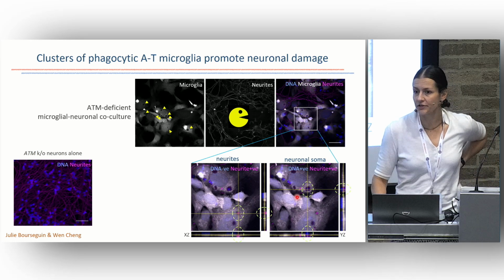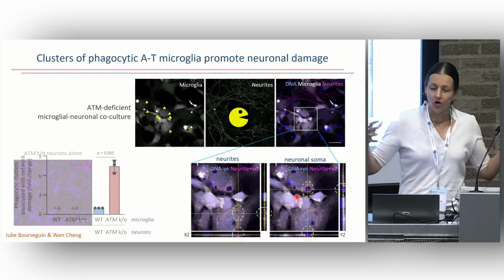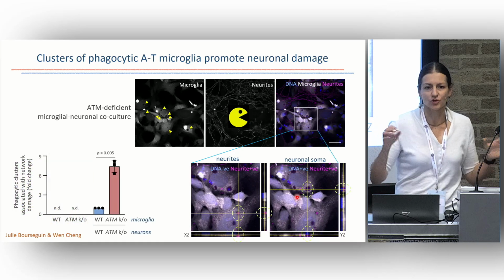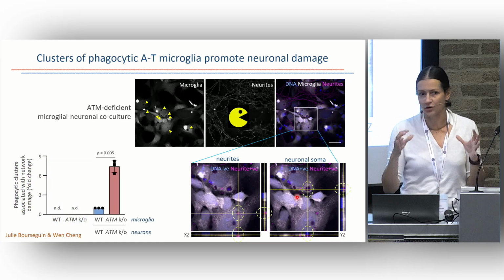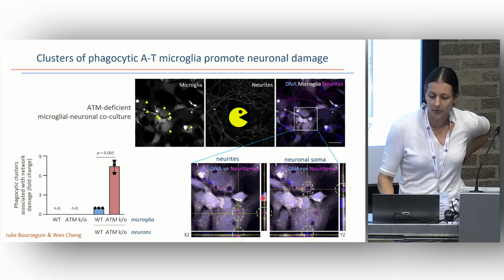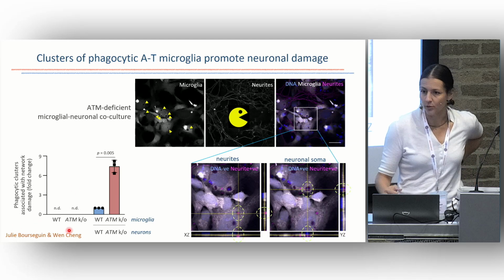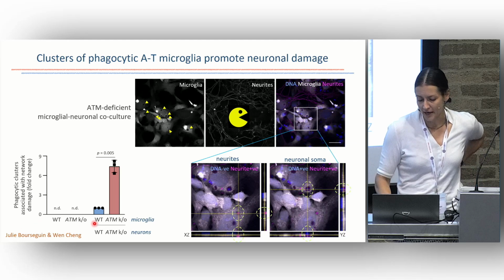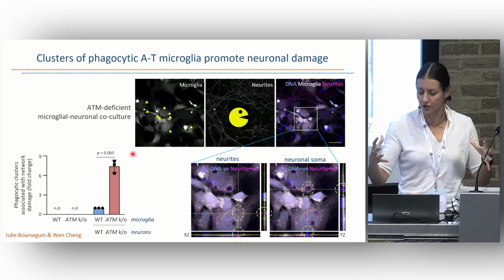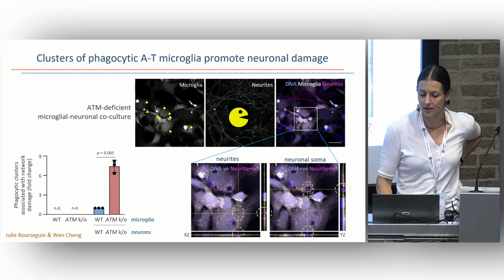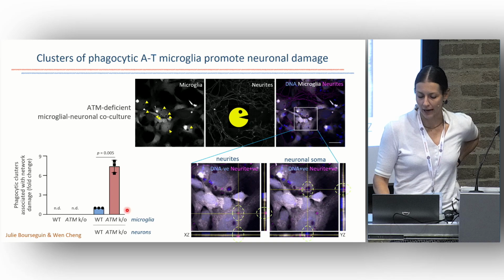We can also quantify what we call phagocytic clusters that are associated with great damage to the neuronal network around them. And we see that these clusters do not form in microglia-only cultures, but there is a huge formation of this damage around microglial clusters in knockout cultures versus wild types.